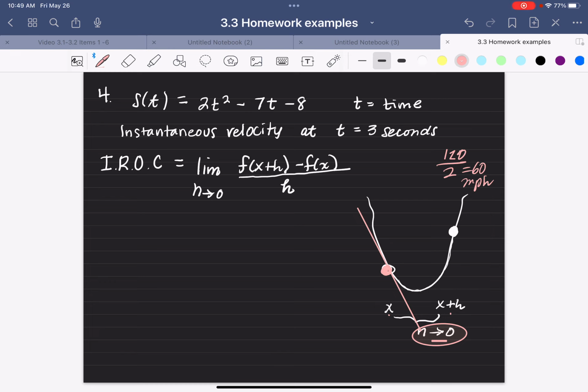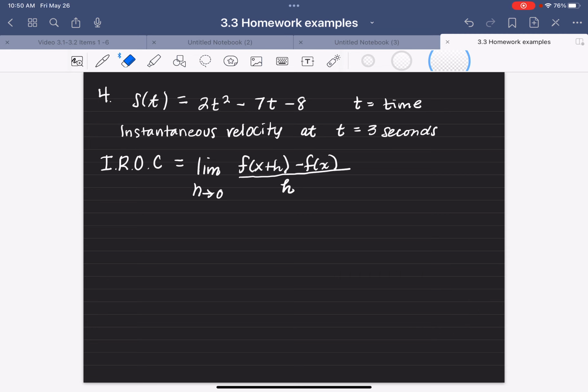So if you're stopped by a state trooper going 80, that 80 miles per hour would be your instantaneous rate of change because he clocked you at one specific moment in time. So instead of an average, we're looking at this single specific moment in time. And so that's sort of the nuts and bolts of where this formula comes from.